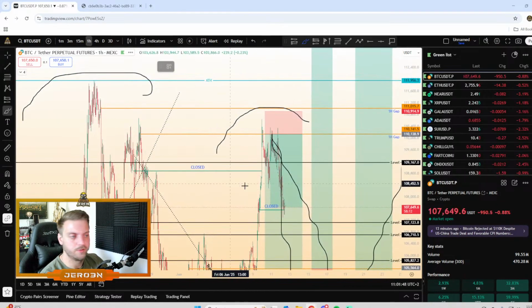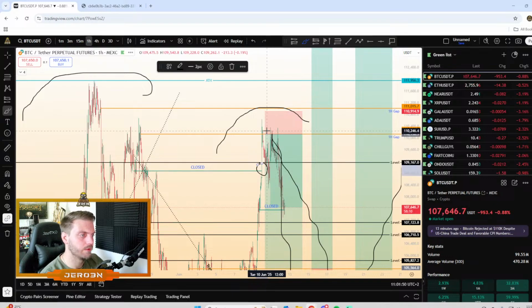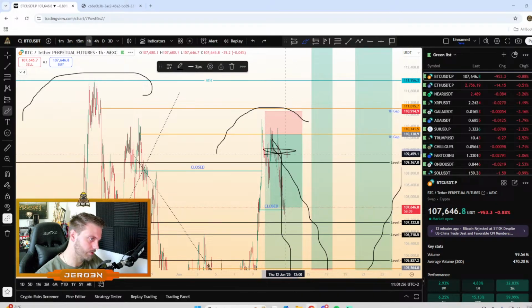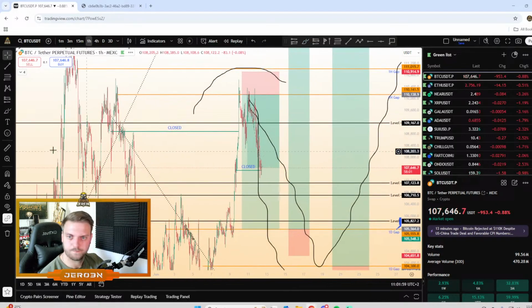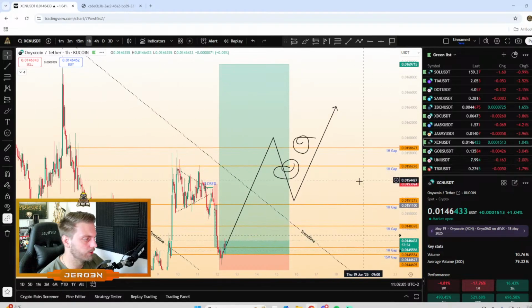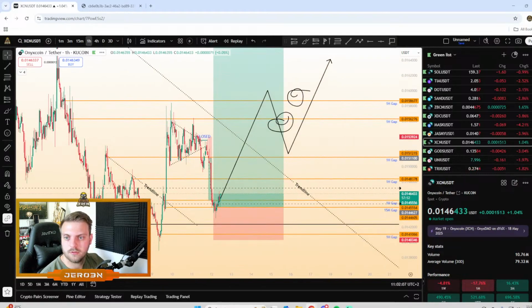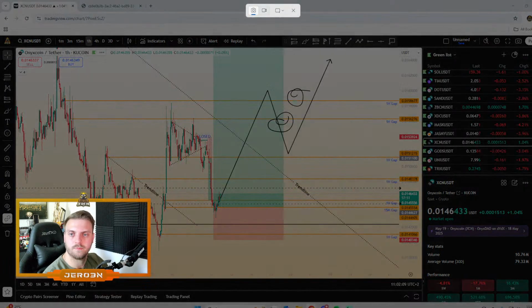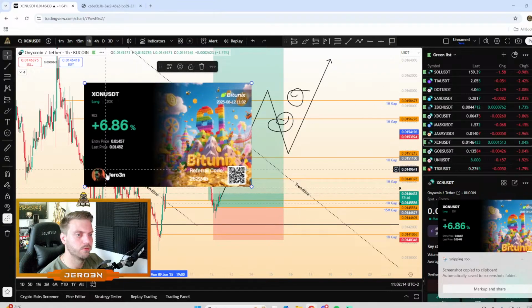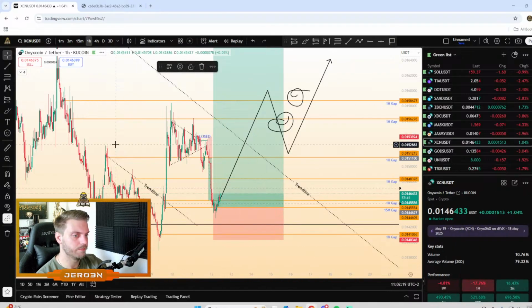I have my first entry over here and the second entry over here, so my original entry is somewhere over here, but it's fine. Stop loss in the green now, and also for XCN, where I'm taking the long. I started it this morning, by the way, which is why it's still slowly boiling up.